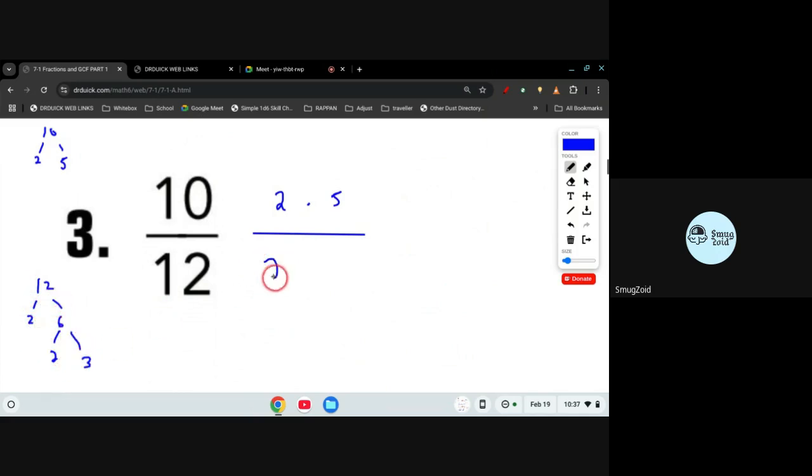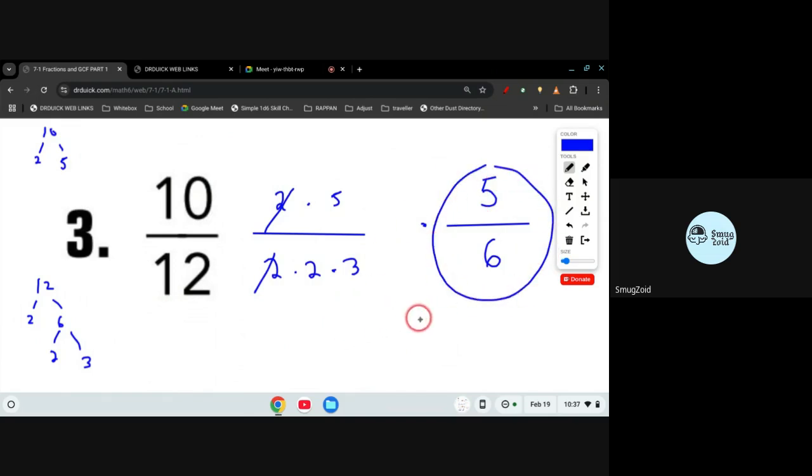So I'm going to write 2 times 2 times 3. What can I cross out? One of the 2s. So I just leave this number on top. This is just 5 on top. And this would be 2 times 3, which is just 6. And so that would be my answer.